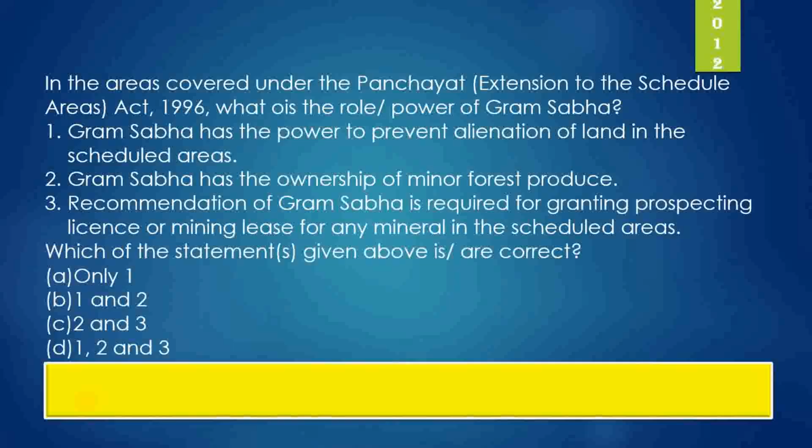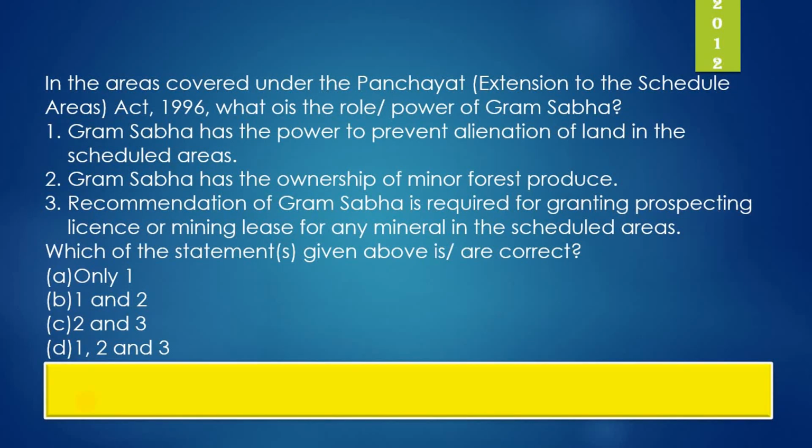Okay, next question. In the areas covered under the Panchayat Extension to the Scheduled Areas Act 1996, what is the role of Gram Sabha? Statement 1 says Gram Sabha has the power to prevent alienation of land in the scheduled areas. Gram Sabha has the ownership of minor forest produce. Recommendation of Gram Sabha is required for granting prospecting license or mining lease for any minerals in the scheduled areas.